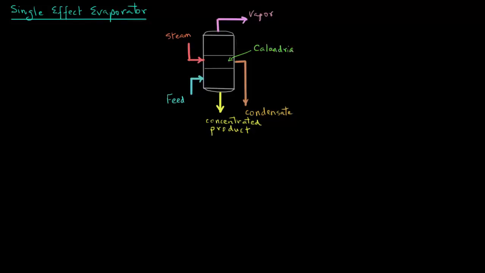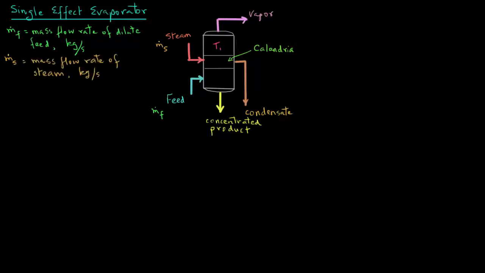Now let's conduct a mass balance. So for the feed, we have m dot f, which is the mass flow rate of the dilute feed in kilograms per second. We have m dot s, the mass flow rate of steam, as kilograms per second. We have m dot v as the mass flow rate of vapors exiting the evaporator in kilograms per second.